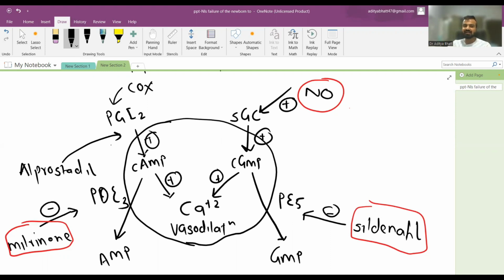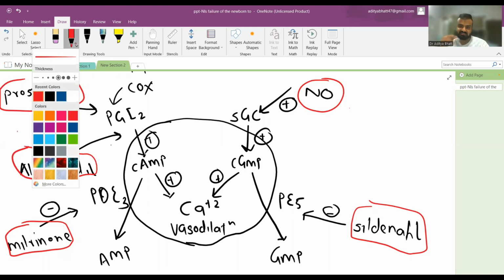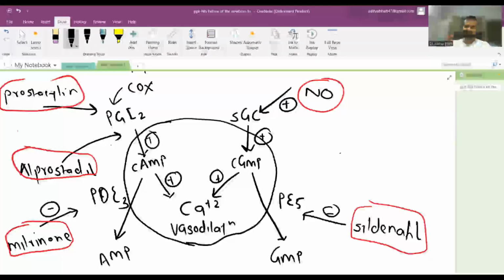It will also act at the site where PGI2 acts, while prostacyclins themselves are PGI2 stimulants. So these are the two drugs which act on this site that I have shown you. The reason why I started from calcium is that it was going to get messy, and it is very difficult to understand later once it has formed.